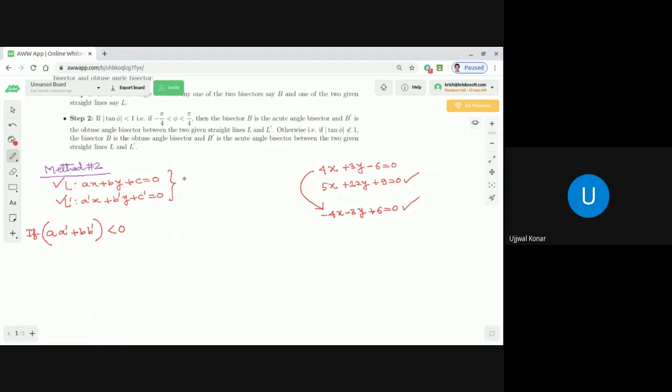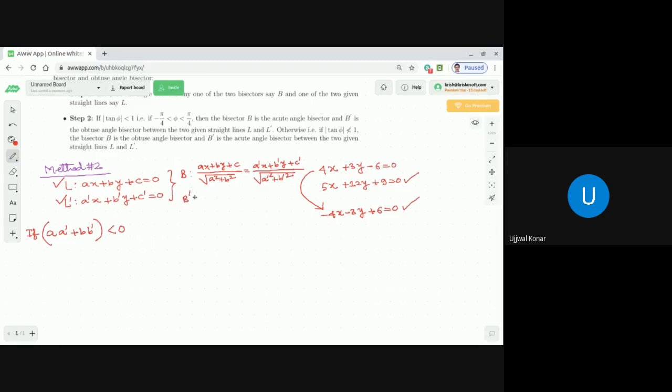After this adjustment, meaning after having the signs of both c and c dash positive, we find the equation of the bisector b is equal to what? ax plus by plus c divided by square root of a square plus b square, that is equal to a dash x plus b dash y plus c dash divided by square root of a dash square plus b dash square.